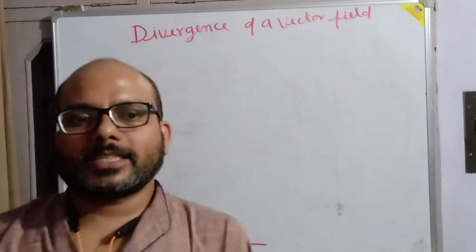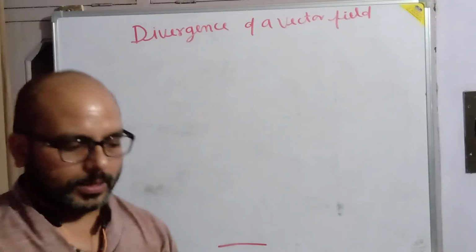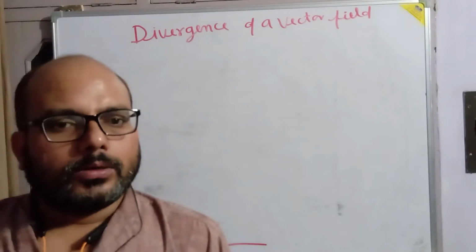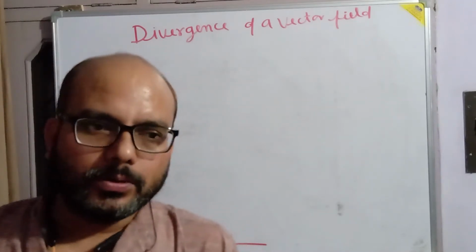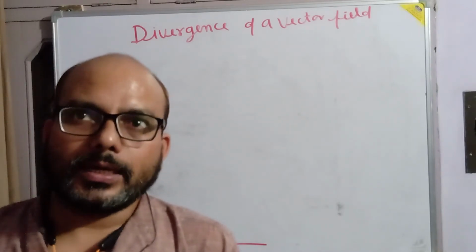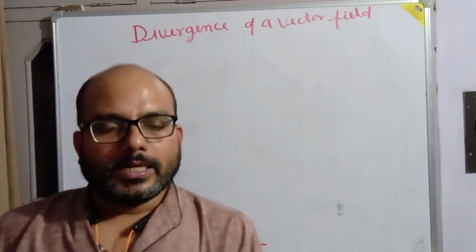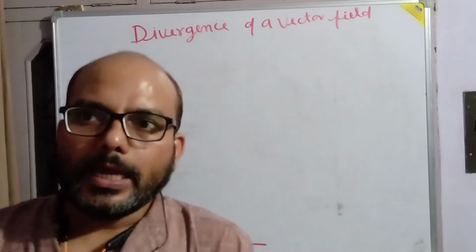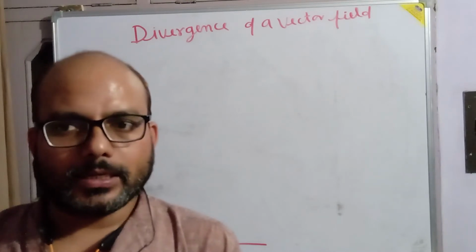Today I will discuss the divergence of a vector field. In the previous video lecture, I already discussed the gradient: how to find the gradient, and the derivative of a vector-valued function. If the position is given, we can find the velocity vector and the acceleration vector.